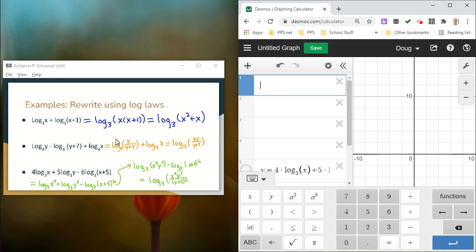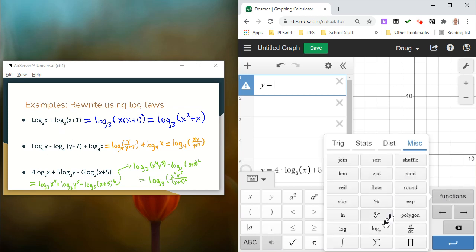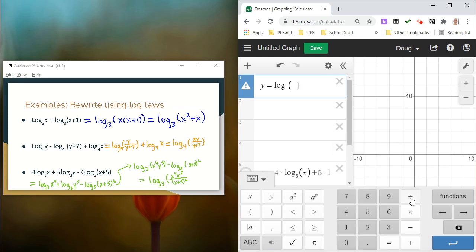So I'm going to pretend as if this first one that we were given is an equation that we're going to graph. So y is equal to, and I want to go in and select this log base, and I'm going to copy it because I'm going to be using it quite a bit.